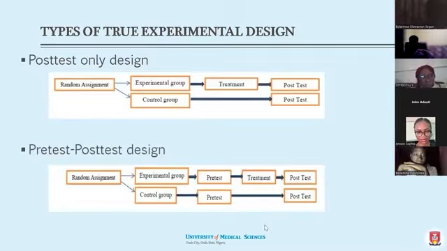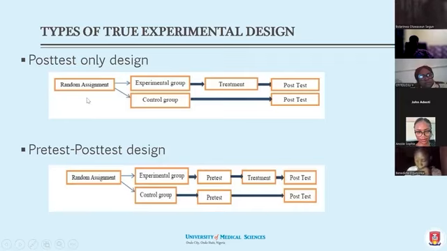So let's quickly look at types of true experimental design. We have a couple of types, but we'll quickly talk about two or three types in this class today. We have what we call post-test only design. Take note, post-test only design. Here, all the features of true experimental design are put in place: randomization, manipulation, and control.